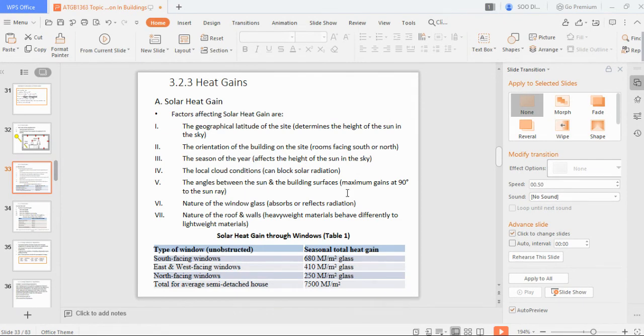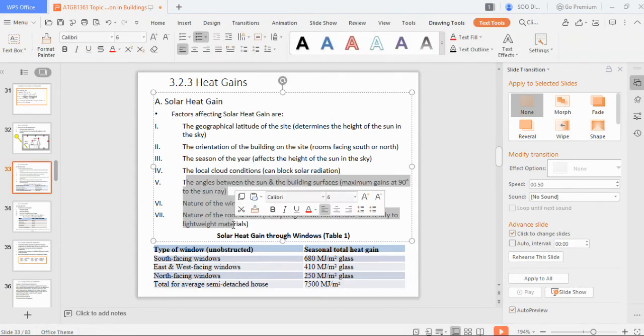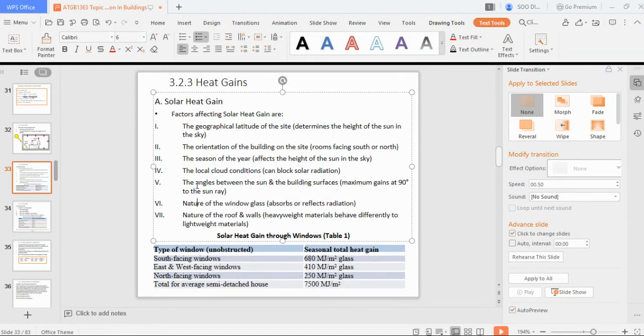And then the next is how you build your building and the angle at which you build your building. So usually this will be done by the architect. So the architect will want to build a building maybe facing towards or away from the sun so that you don't gain so much heat energy.